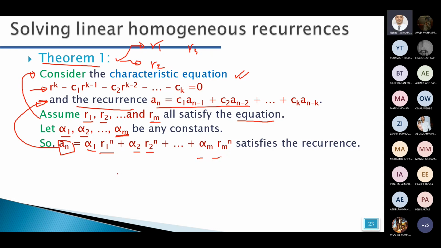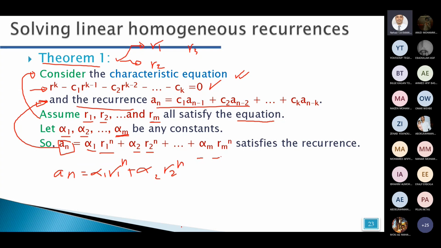So if we have two solutions for the recurrence relation, then a_n equals alpha 1 times the first solution power n plus alpha 2 times the second solution power n.